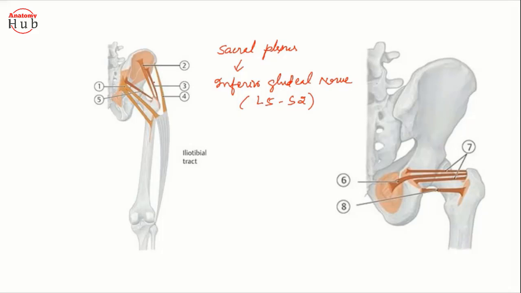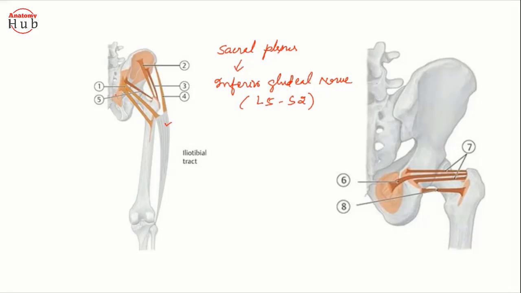If we see the action of this gluteus maximus muscle, the entire muscle mainly extends and externally rotates the hip. In which plane? In the sagittal plane and in the coronal plane. But if we see the details of the gluteus maximus action, mainly the upper fiber, which inserts to the iliotibial tract, helps in abduction.